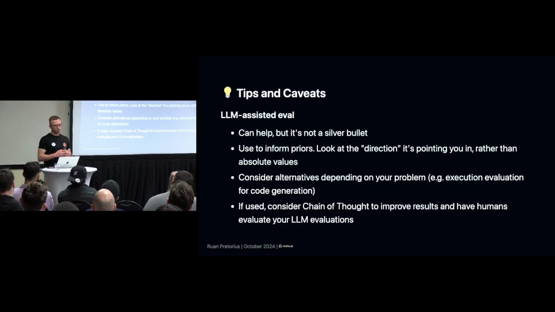Also, it depends on the problem you're trying to evaluate. There might be some better options. If you're doing code generation, for example, you can just run that code to see if it actually works rather than asking an LLM if it will work.